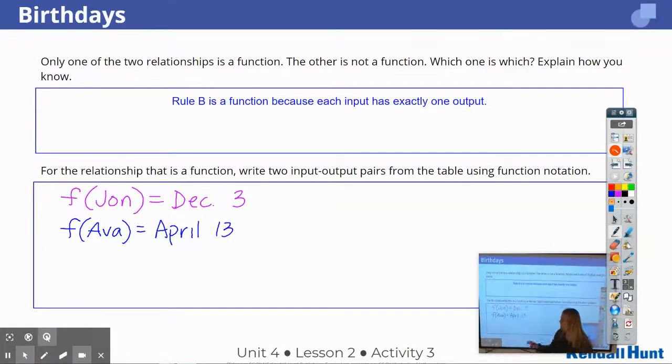So my input is the person's name. The output is the date they were born. So I have an input of John, output of December 3rd. Input Ava, output April 13th.